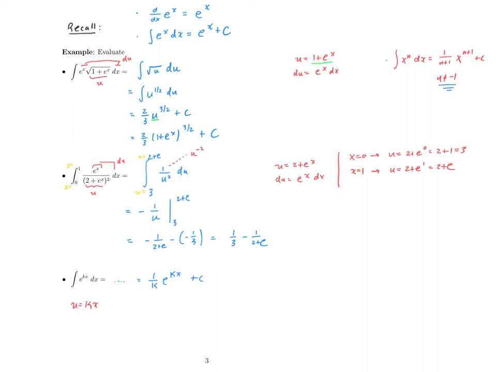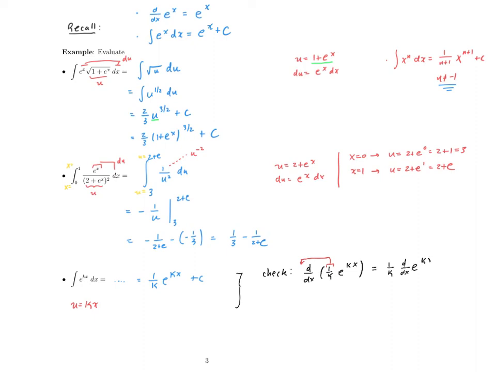It's always worth reminding ourselves that indefinite integrals can be checked fairly quickly and efficiently with a derivative. If we differentiate 1 over k e to the kx, 1 over k is a constant that pulls in front of our derivative.